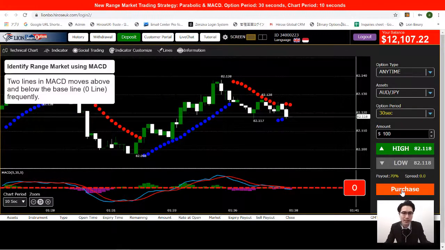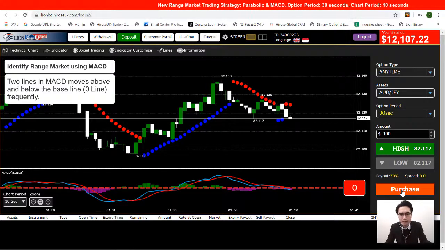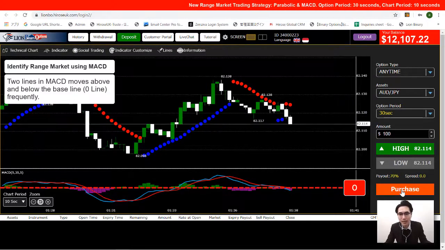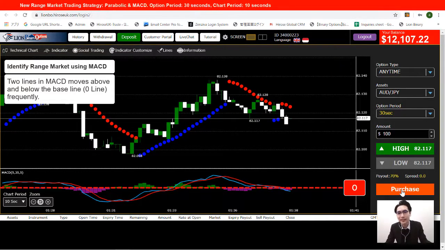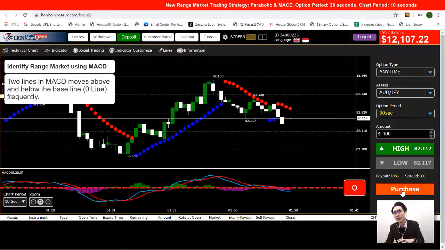And if we take a look at MACD, it actually gives us some hints as well. You see the two lines are moving up and down, below and above the baseline, the zero line, quite frequently. So I know that now the upward movement is fighting with the downward movement.